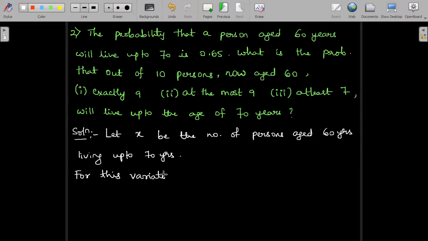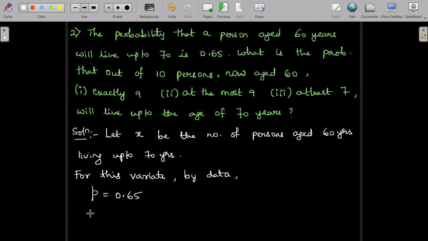X denotes the variate for us. By data, we can write P equal to 0.65. P stands for the probability of success. Here the success is a person now aged 60 living up to 70, and its probability is given as 0.65.